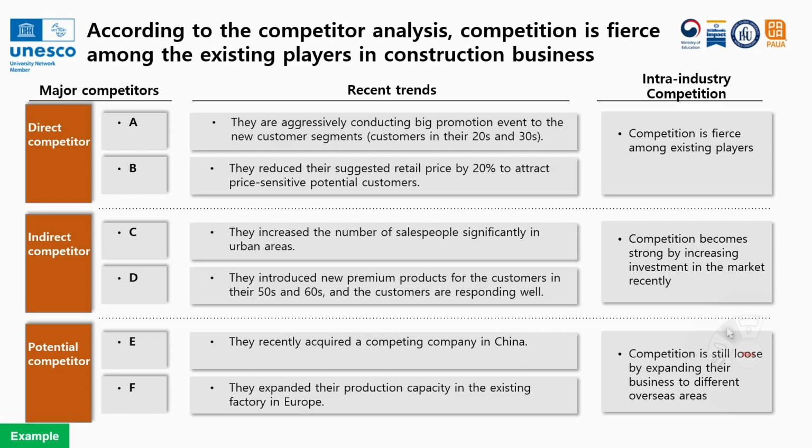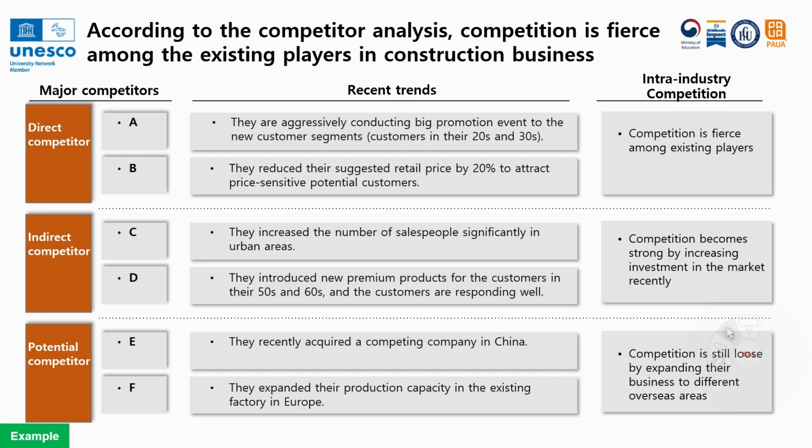According to our data, company A is targeting customers in their 20s and 30s, and that's why they did a big promotion. So even though you are a growing company in a growing market, you can do some big promotions, specifically targeting a certain group of customers.